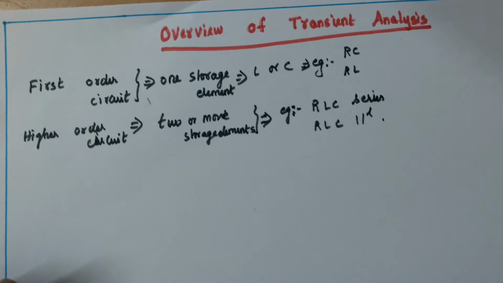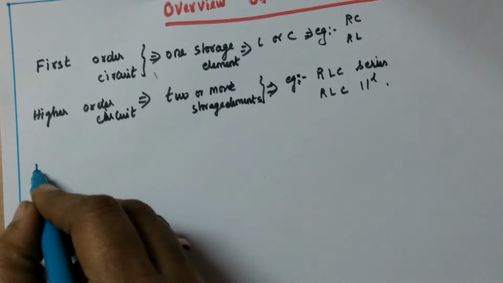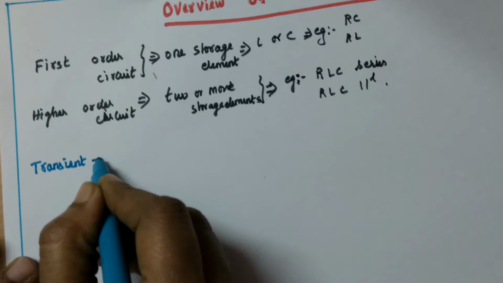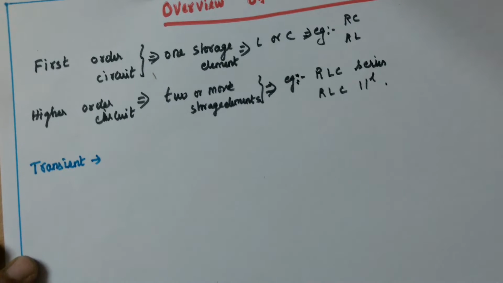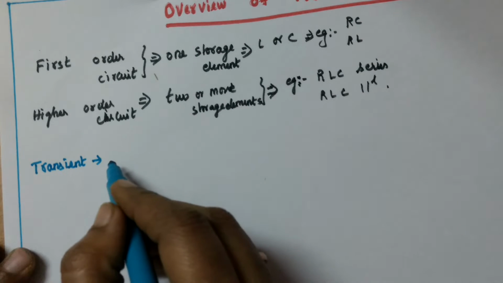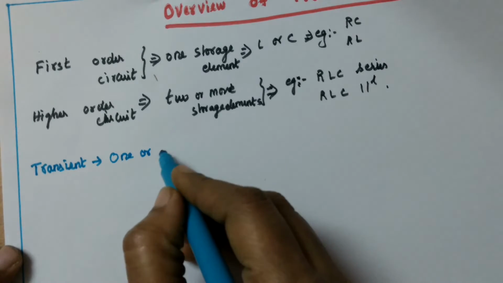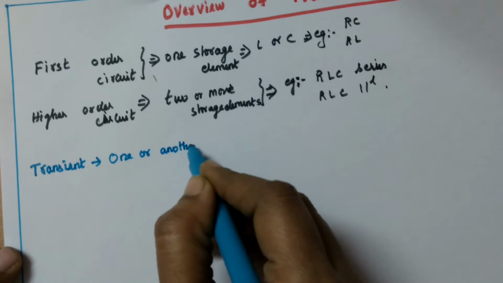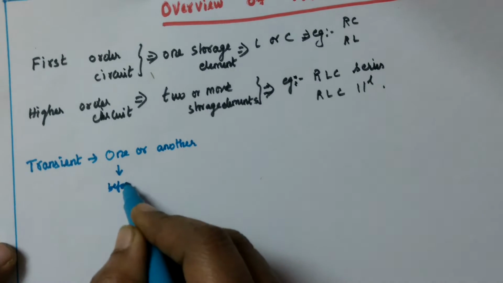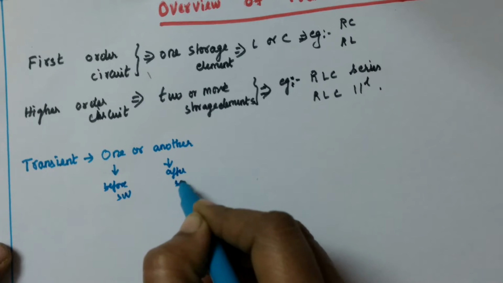Before that, we will see some basics of transient. What is meant by transient? Whenever a circuit is switched from one condition to another, based on the circuit elements or on the sources, this is the before switching condition and this is the after switching condition.